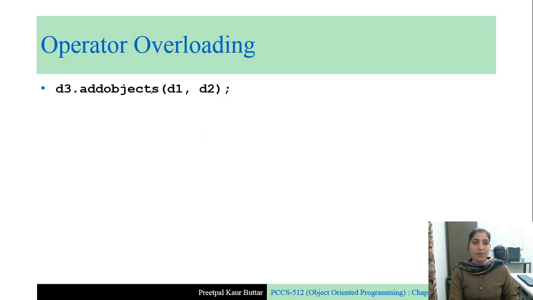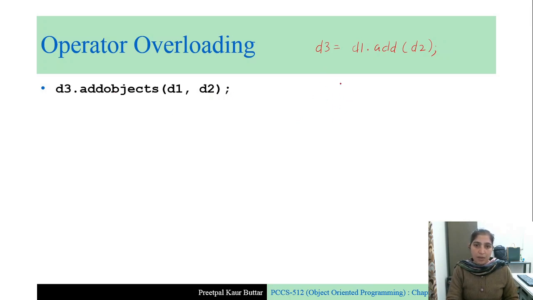So the same example which I gave you, it is d3.add(d1, d2). In the previous example, we had d3 is equal to d1.add(d2). And here we have d3.addObjects(d1, d2).